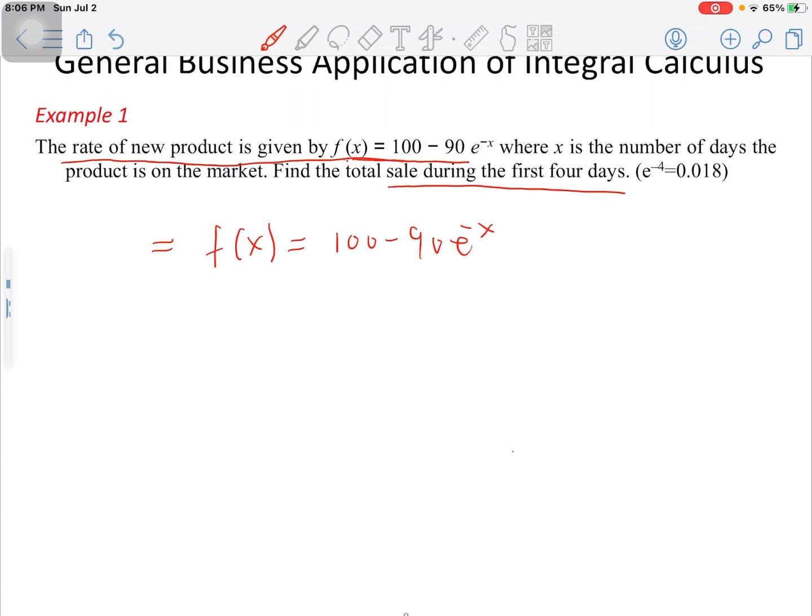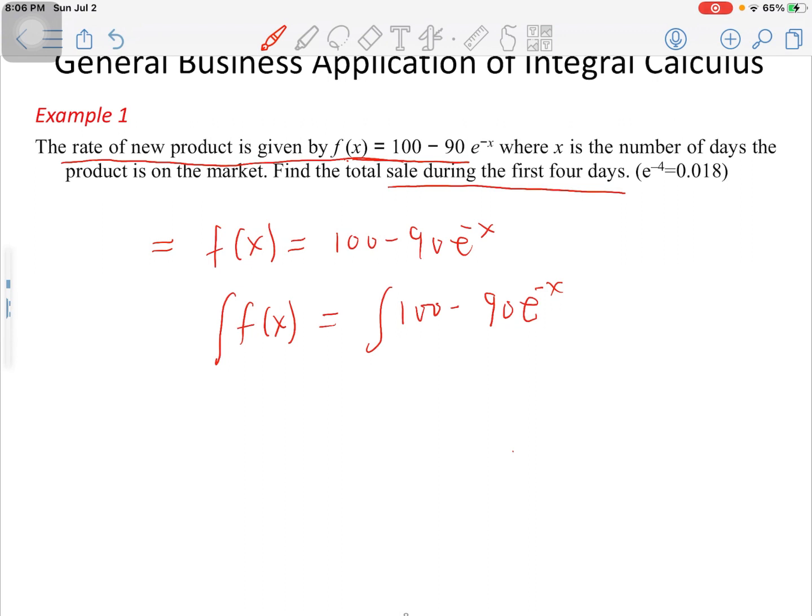So based on that, let's find out the actual sales that were made during this particular time frame. To find the sale, we need to find the integral of f of x. So the integral of f of x is equal to the integral of 100 minus 90 exponent negative x.